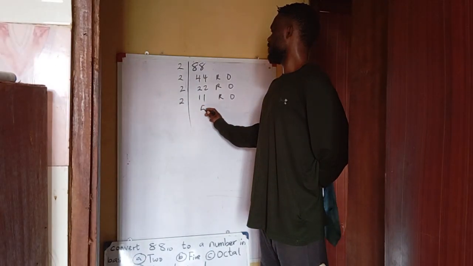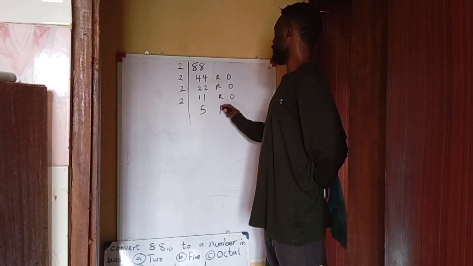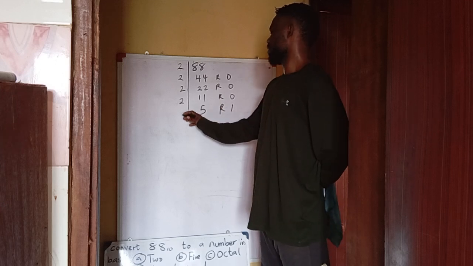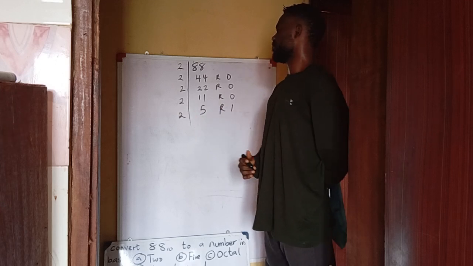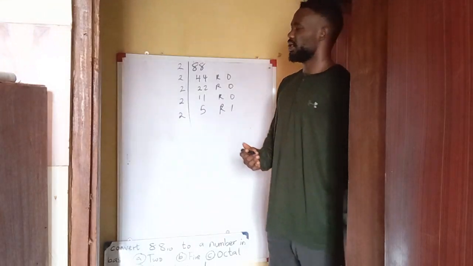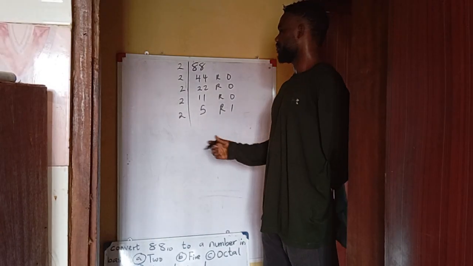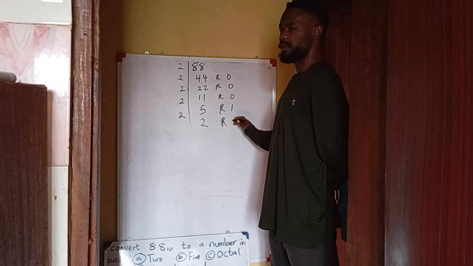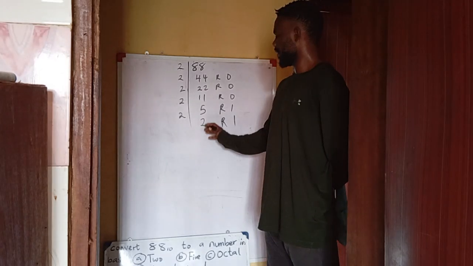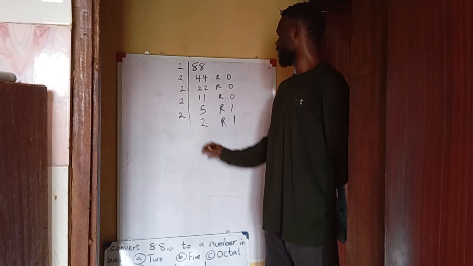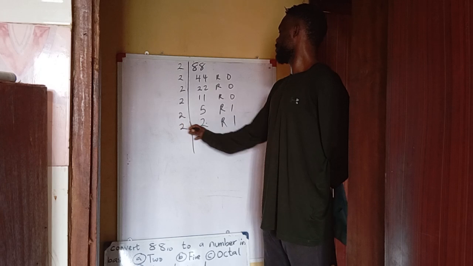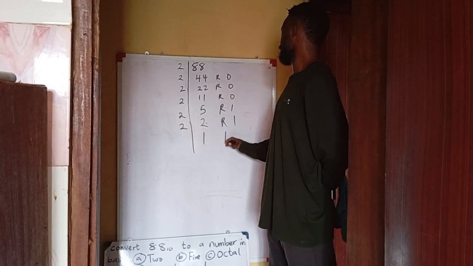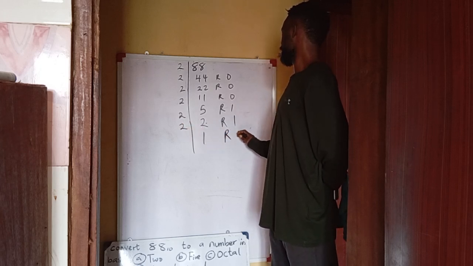I'll get 5, remainder 1. 5 divided by 2, I'll get 2, remainder 1. That is 2 times 2 plus 1. So 2 divided by 2, I'll get 1, remainder 0.